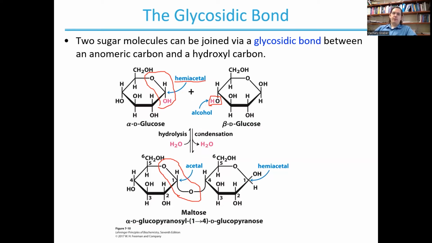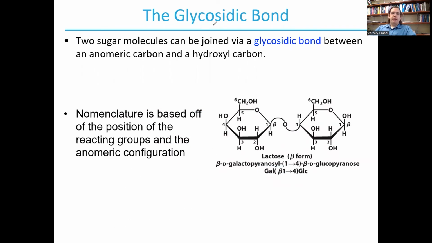This is a reversible condensation or hydrolysis reaction, which in and of itself is quite important for our sugar chemistry because it allows us to combine sugars together when we want to store them, but we can also break off individual sugar units and use them for energy in our body.